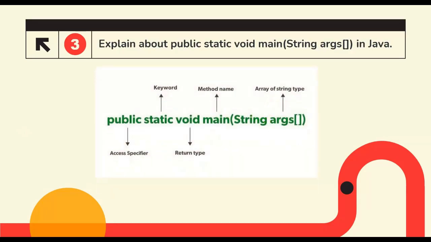And main is the method name, which helps the JVM identify that the declared function is the main function. And the last one is the argument. It stores the Java command line arguments, and is an array of type java.lang.String class, right? So these are the basic definitions of public static void main.